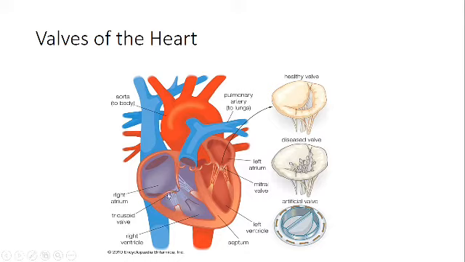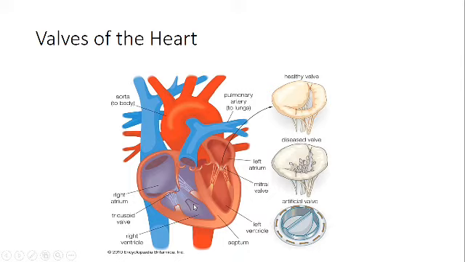If you look at the right side of the heart, there are 3 cusps that divide the right atrium from the right ventricle. We might be able to appreciate it by the papillary muscles here that hold these valves in place. We have one cusp here, two cusps here, and the third cusp here, making it a tricuspid.